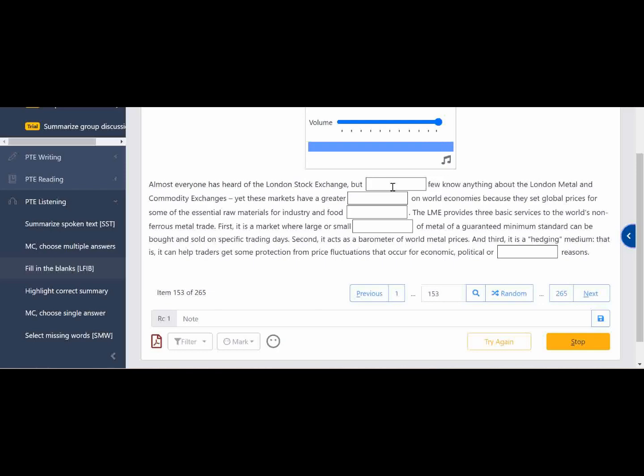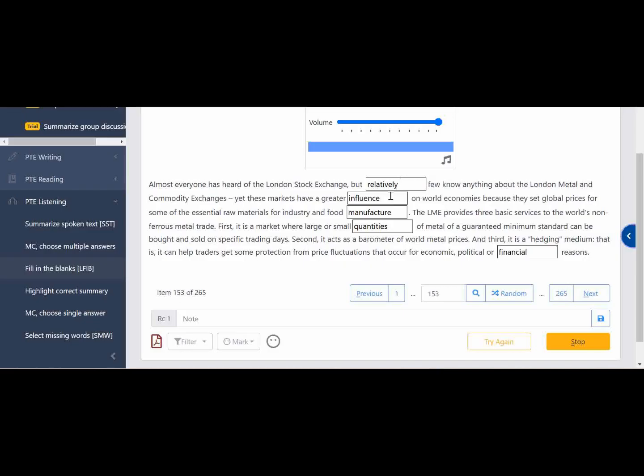So first one is relatively, with a single L, relatively. Next one is influence, have a greater influence on world economies. Next is manufacture, quantities, large or small quantities of metal, and last one is financial.